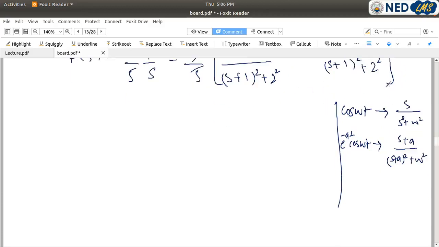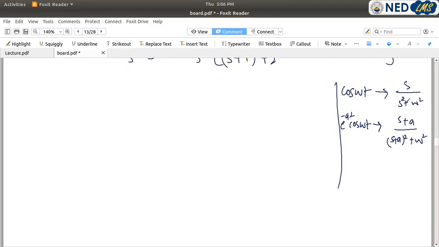Similarly, for this term, we know that the Laplace transform of sine omega t is omega over s square plus omega square, and in a similar way, just as we did in here, e minus at sine omega t will become omega over s plus a whole square plus omega square.